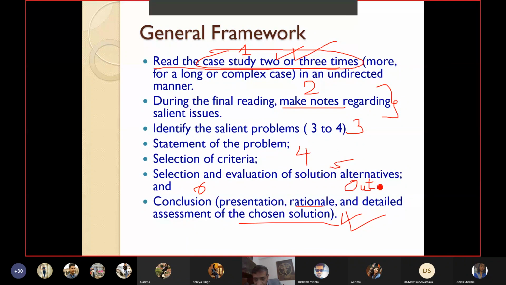Because at the end of the day, whatever solutions you're giving should have the most effective outcomes. I use this word, you can write it down. It is called effective outcomes.